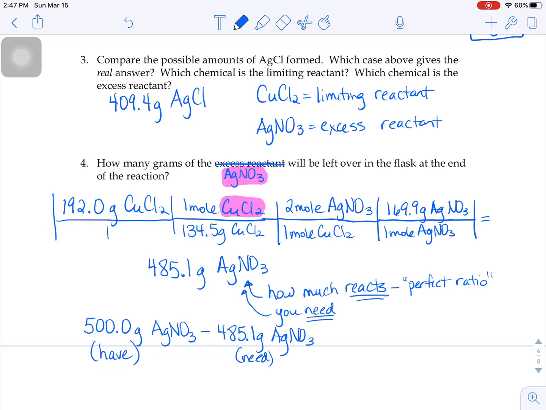The difference between how much you have and how much you need would be the leftovers. 14.9 grams of silver nitrate would still be sitting at the bottom of your flask once the reaction finishes, just waiting to react. The problem is it ran out of copper 2 chloride and had nothing to react with.